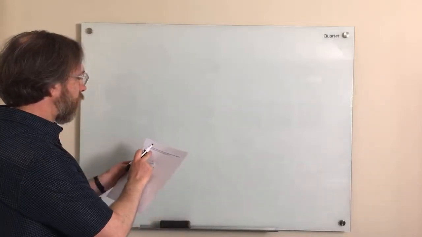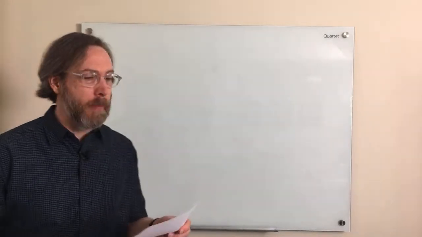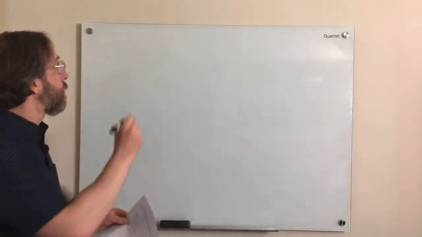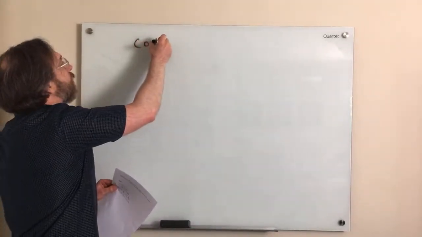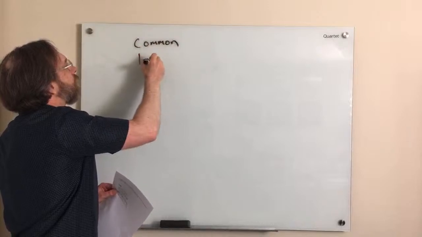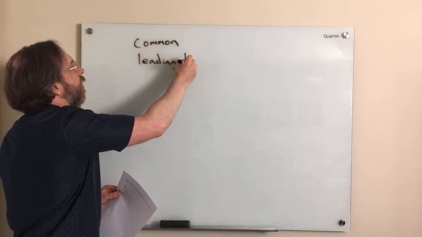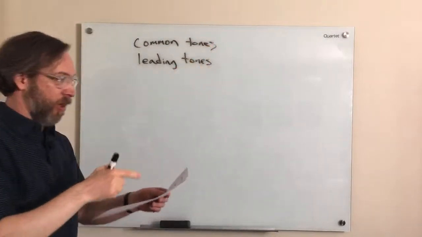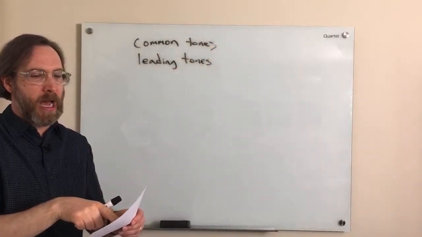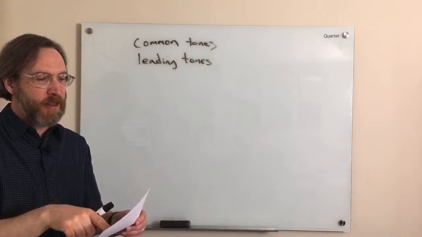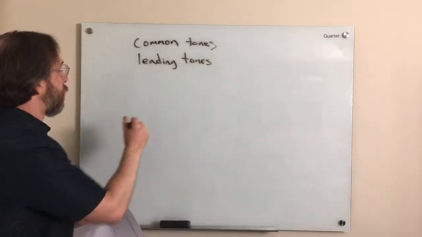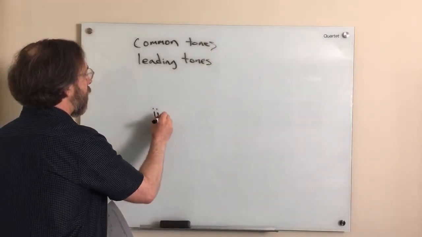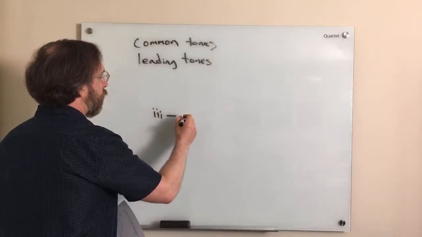So the question I had is, could you comment on the role that common and leading tones have in the progression map? So the progression map is the harmonic progression map and I'm just going to do it in major.